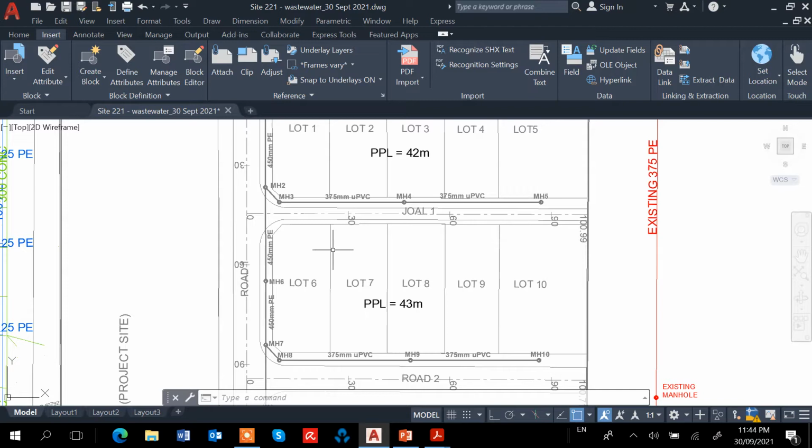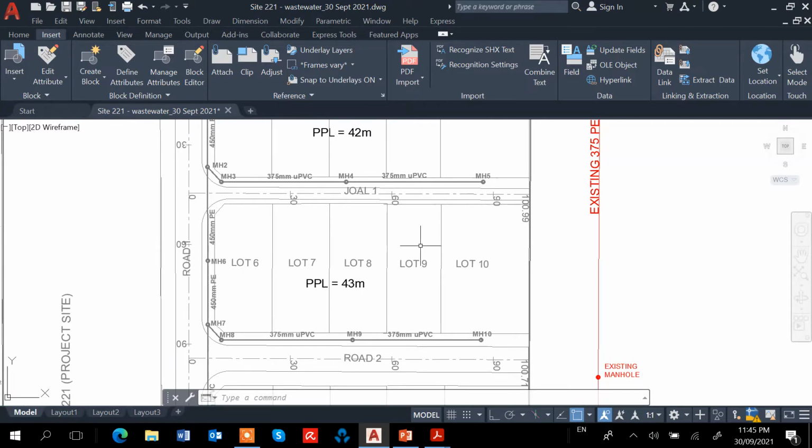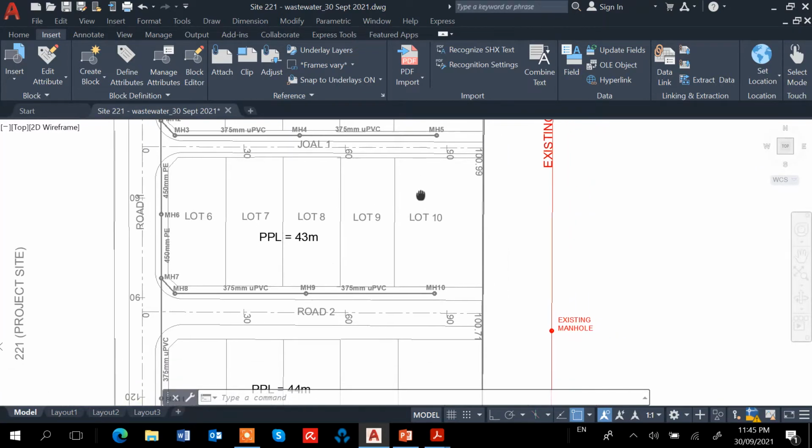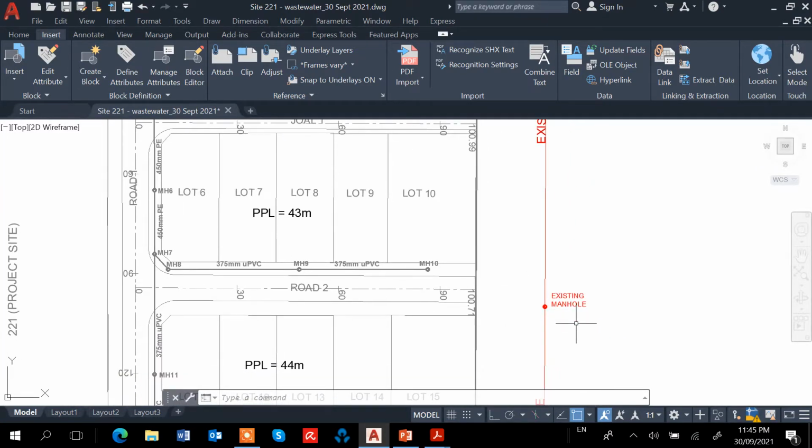Because the space is quite premium, for these wastewater pipes I'm going to go part of it inside the lots, because there are other pipes, the water reticulation and the stormwater pipes in the footpath. Also the discharge point, the existing manhole, is on the right hand side here.